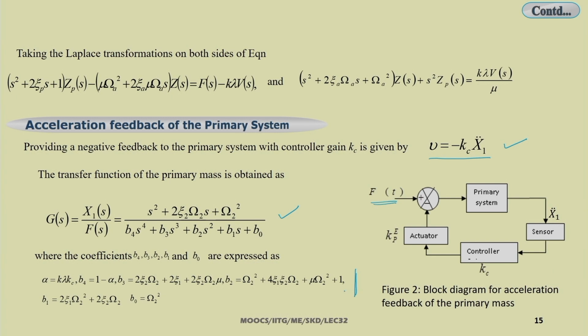Here, one can take this alpha parameter equal to k lambda Kc, and we have already defined k in the previous slide. So, b4 equal to 1 minus alpha.